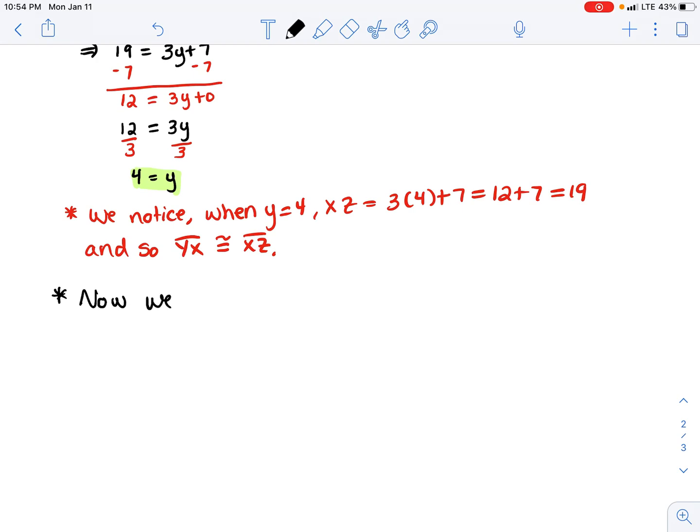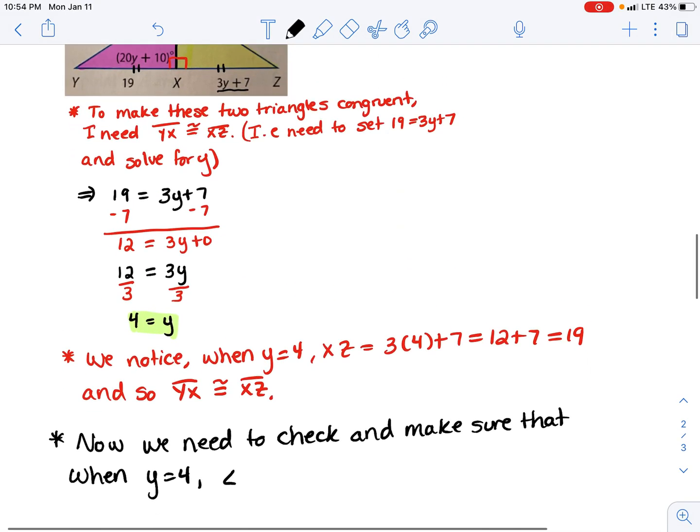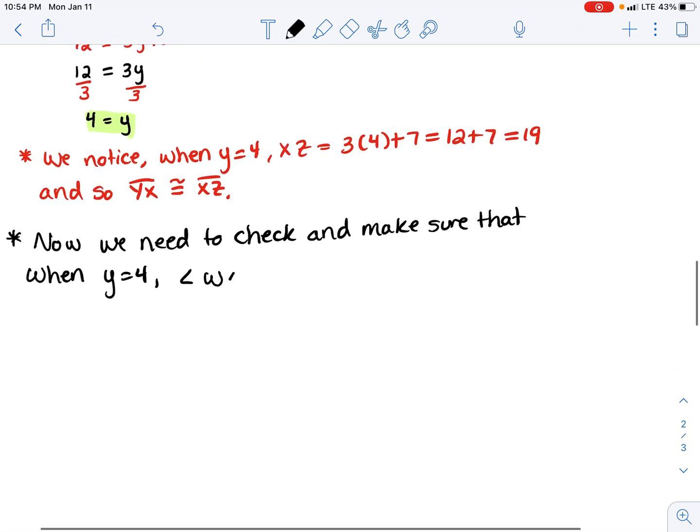So I'm just going to write here: now we need to check and make sure that when y is equal to 4, angle WXY is equal to 90 degrees.